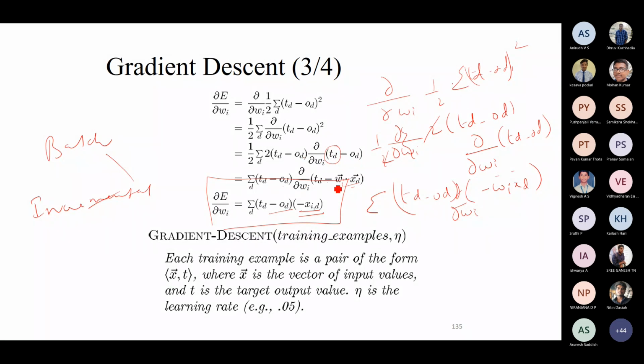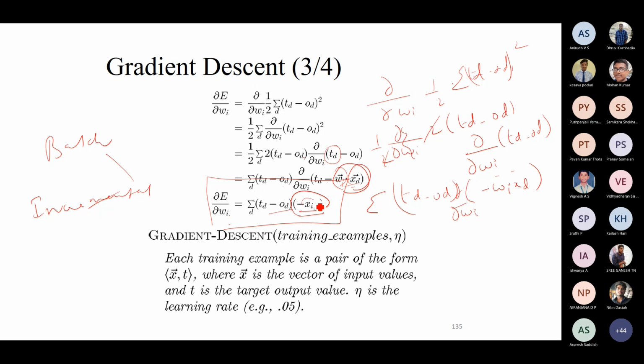OD is the observed value, which is the activation function operated upon W into XD. This will have W0, W1, W2, up to Wn. For the ith weight, the others will be constant, so the derivative will become 0. Only for Wi will the derivative become 1, so it will become only XID. So you differentiate that, and you have to sum it up for all records, so the summation over all records of TD minus OD times XID.